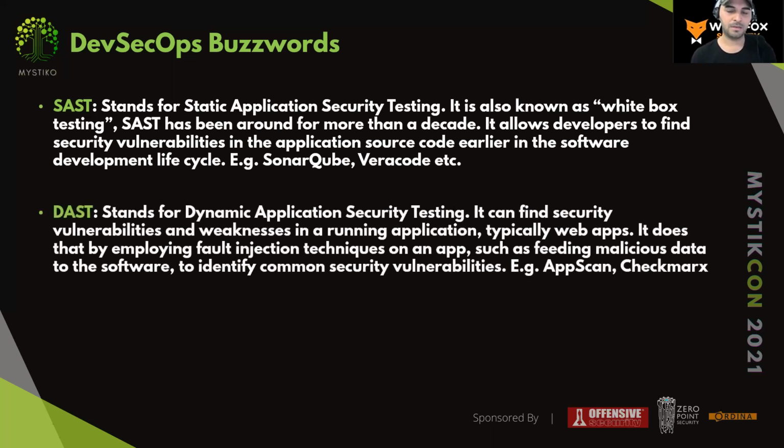The next buzzword that we hear quite a lot is dynamic application security testing. The difference between DAST and SAST is that in DAST, you actually run the application, and the application runs through a tool, for example Burp Suite, where you run an automated scan against that application, and it will try to find vulnerabilities.